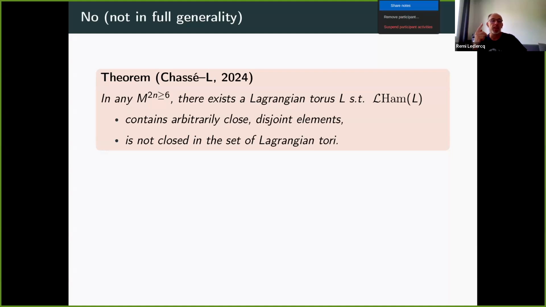First, it contains arbitrarily close disjoint elements, and second, it is not closed in the set of Lagrangian tori. I didn't specify the topology here, but it's true for whichever topology you prefer, like the C1 topology, the Hausdorff topology, and so on.